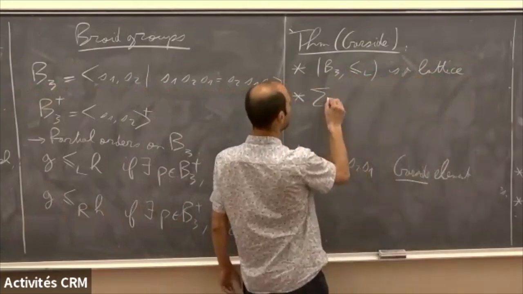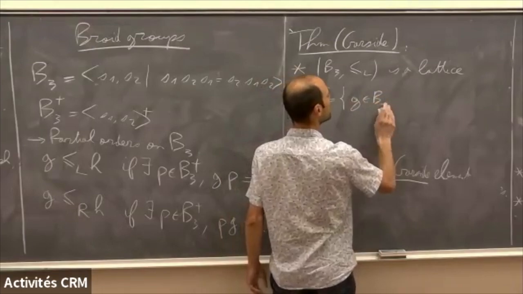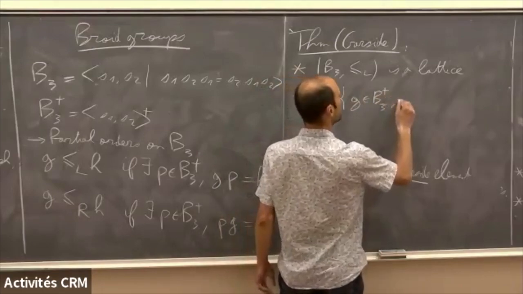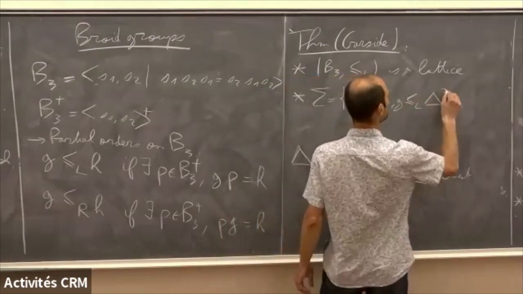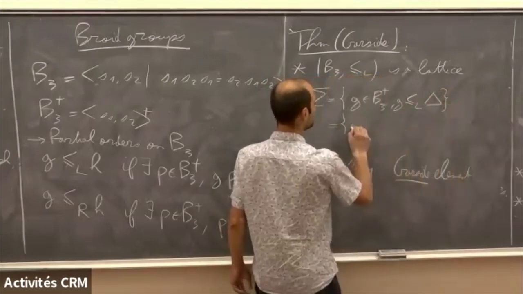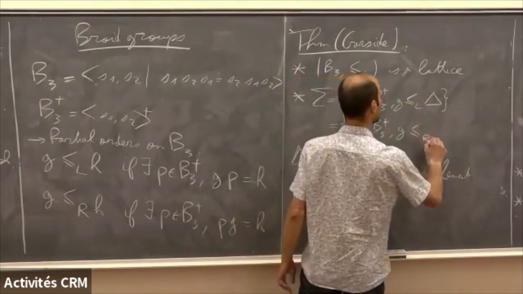So he remarked that the set of all positive braids which are prefixes of the Garside element coincide with the set of positive braids which are suffixes of the Garside element.